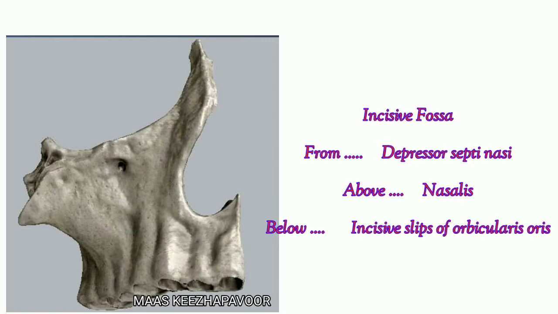Above the sockets for incisors, there is a depression called the incisive fossa. The muscles taking origin from this area are, from the fossa, depressor septi nasi above, the nasalis, and below the fossa incisive, slips of orbicularis oris.